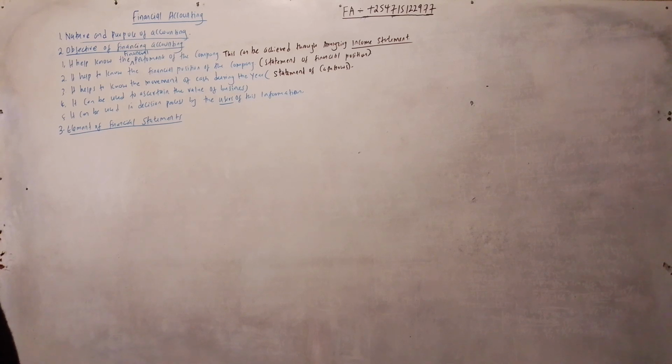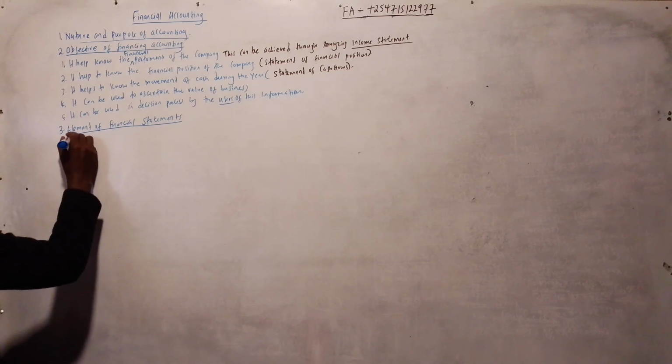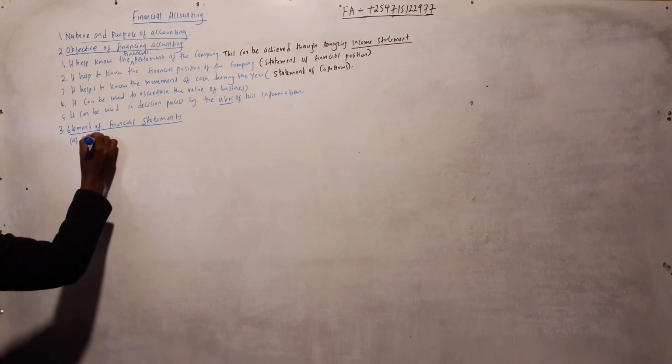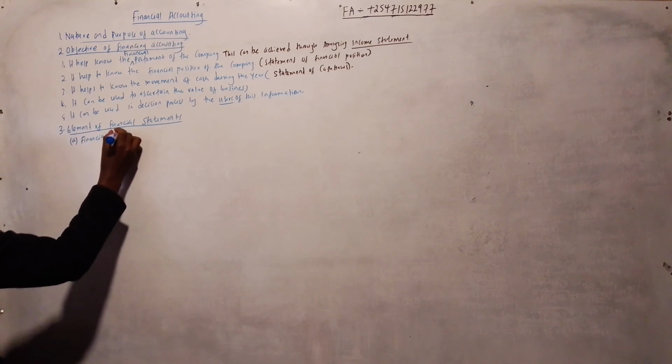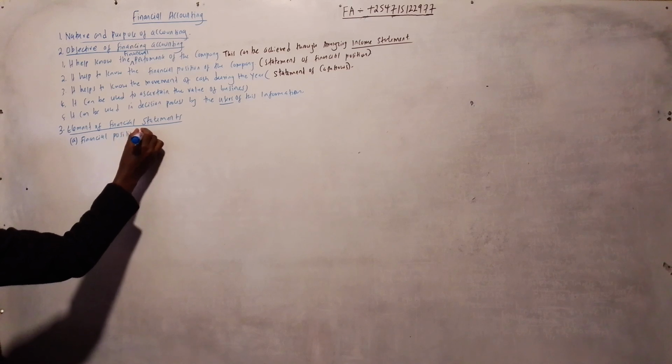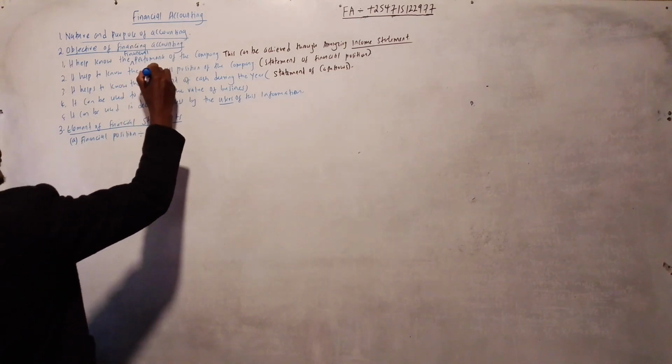Now, before we continue, let us define these items first, before we go to the elements of the financial statement. Number 1, let's talk about what is financial position. Number A, financial position. So what is financial position?